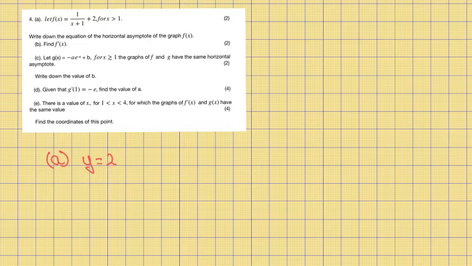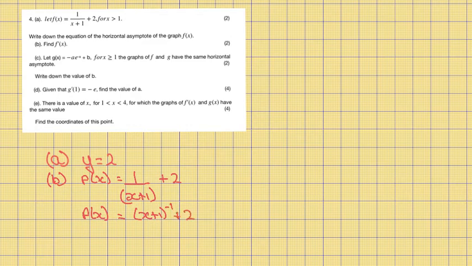Part B, find f dash of x. So we know that f of x is equal to 1 over x plus 1, plus 2. So f of x is equal to (x plus 1) to the minus 1, plus 2.